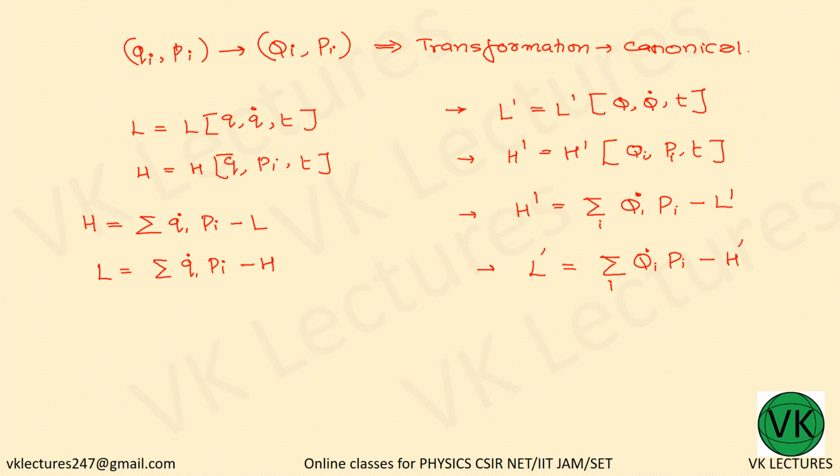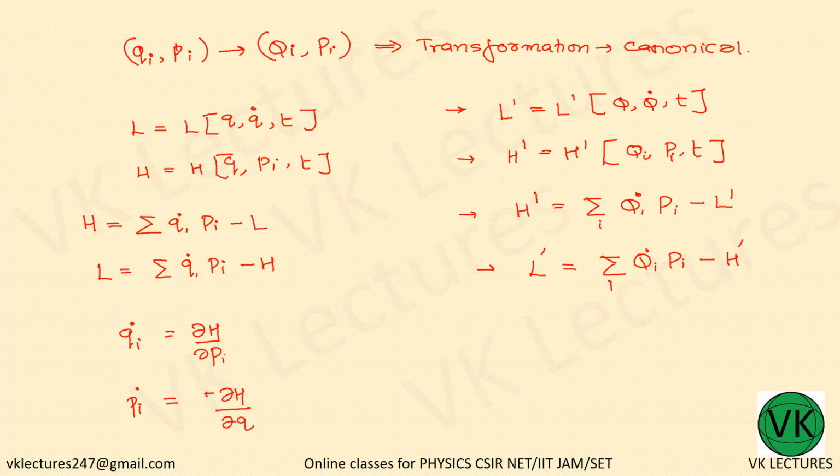Now the equations: qi dot is equal to dou H by dou pi. Similarly pi dot is equal to minus dou H by dou q.